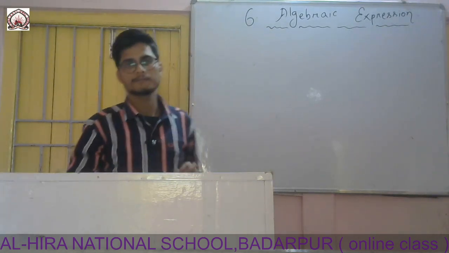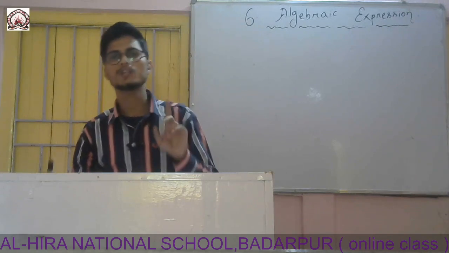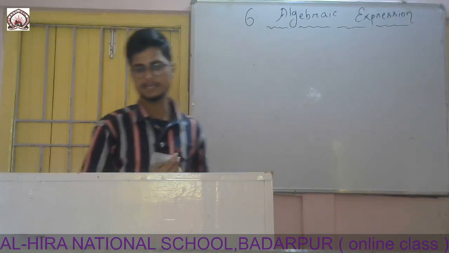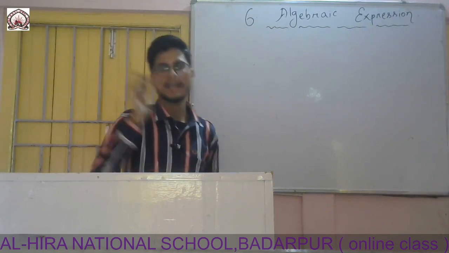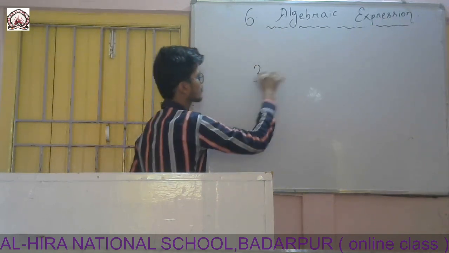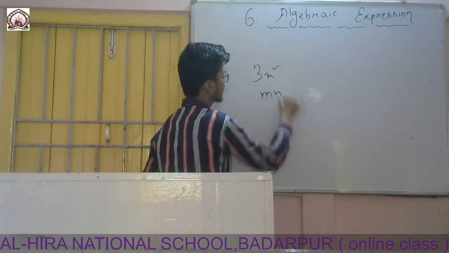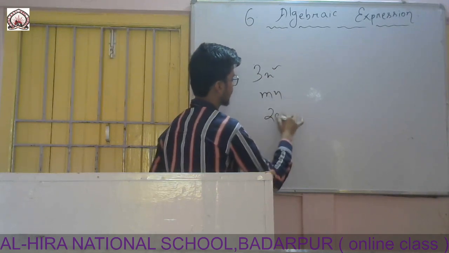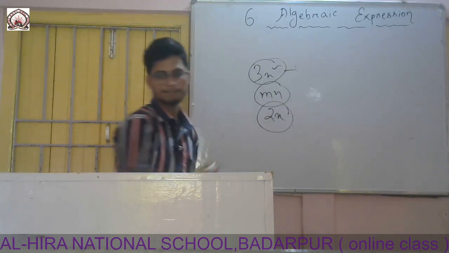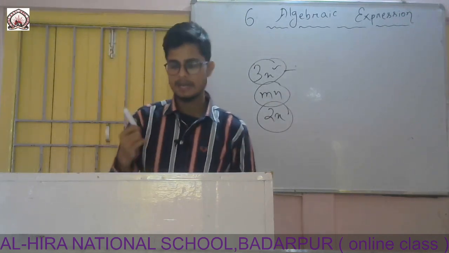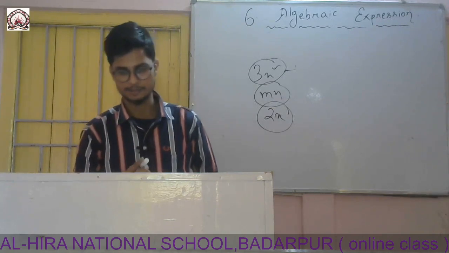If the expression is made up of only a single term, only one term, then it is known as a monomial or simple expression. For example, 3x square, only mn, 2x. So these are only one term. So these are known as simple expression or monomial expression.